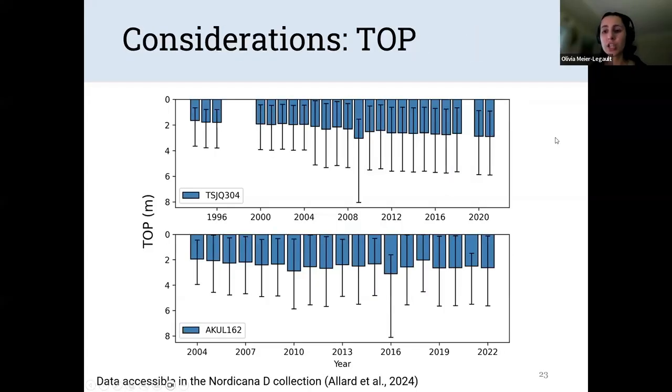There are a couple of considerations when analyzing the top of permafrost values. So here we see top for 2 sites in Nunavik. The blue bars are the estimated depth or the estimated tops of permafrost. The error bars aren't error bars necessarily. They're the depths of the sensors used during that interpolation.